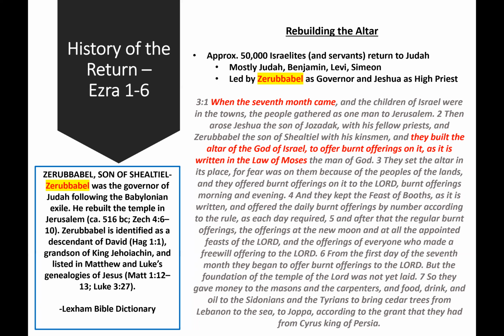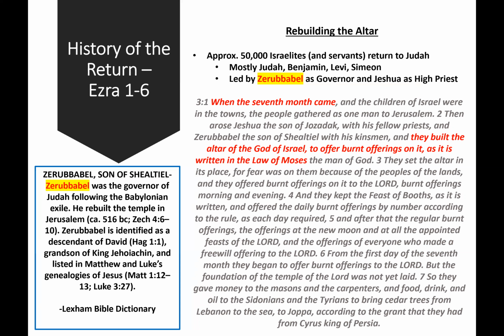But the foundation of the temple of the Lord was not yet laid. So they gave money to the masons and the carpenters, and food, drink, and oil to the Sidonians and the Tyrians, to bring cedar trees from Lebanon to the sea at Joppa, according to the grant that they had from Cyrus, king of Persia.